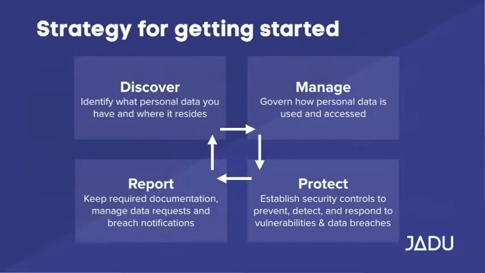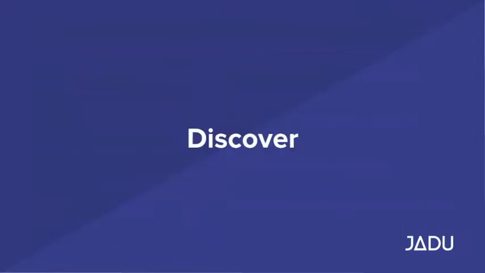So we've got 4 steps for getting to grips with this. Discovering where we've got our data, managing how we're going to access that data, protecting it, and then also this reporting section where you've now got to be able to demonstrate your compliance with GDPR.